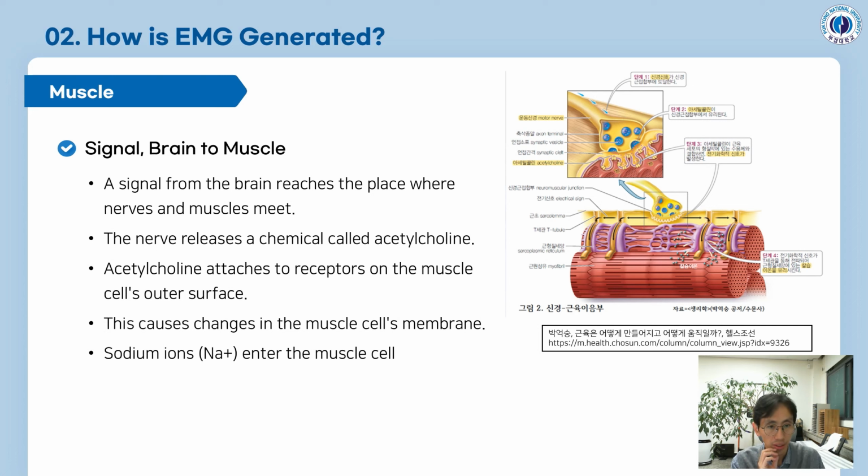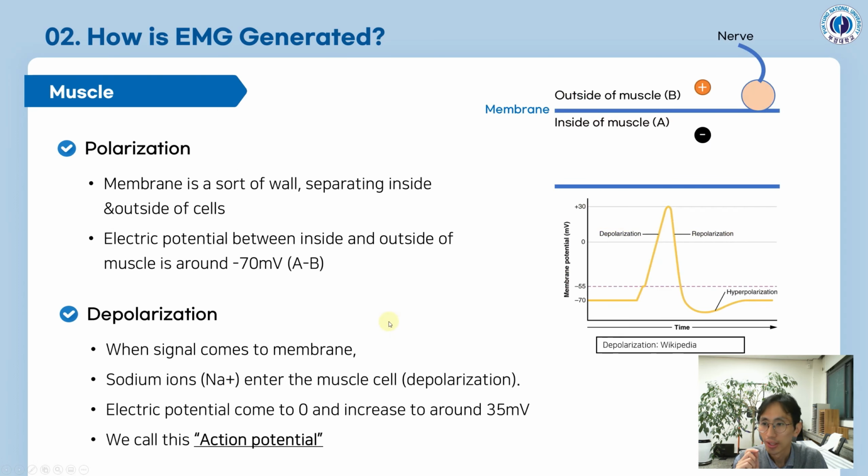There is the inside of the muscle and the outside of the muscle, and the wall separating the two regions, we call that the membrane. Anyway, then sodium ions, natrium in Korean or Latin, the sodium ions enter the muscle cells.